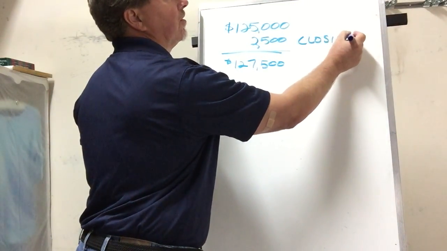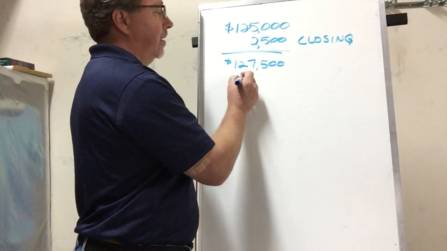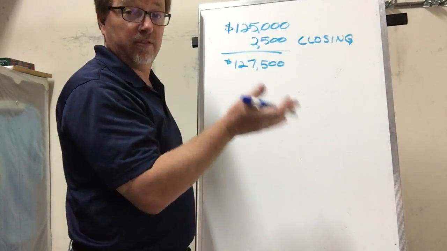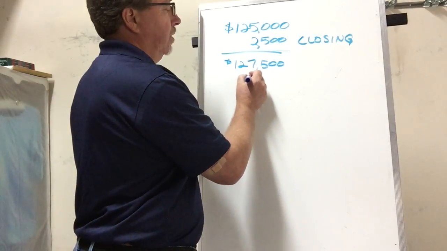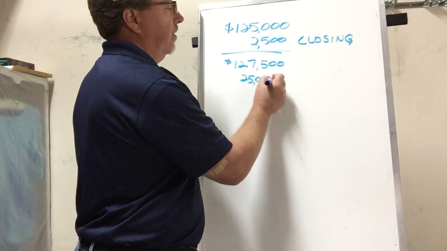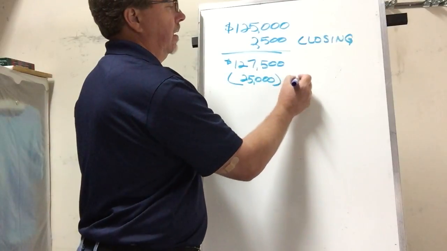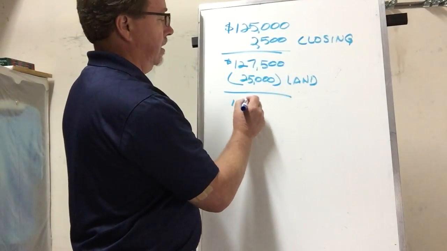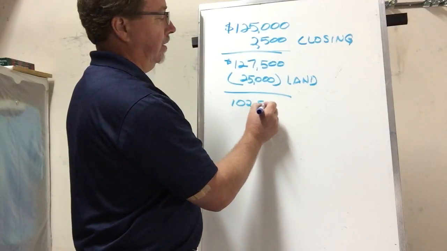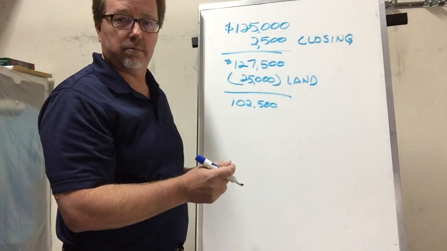Closing costs at purchase. Then from here, we may do our land building split, but let's say we'll keep the land at the same $25,000. That would mean that our depreciable building is really a little more than what we thought it was.